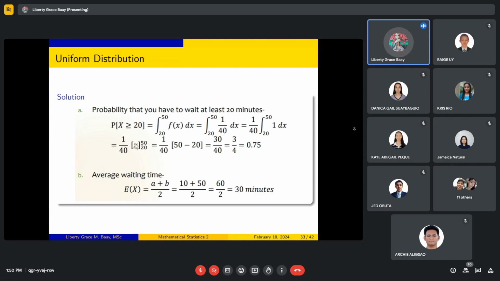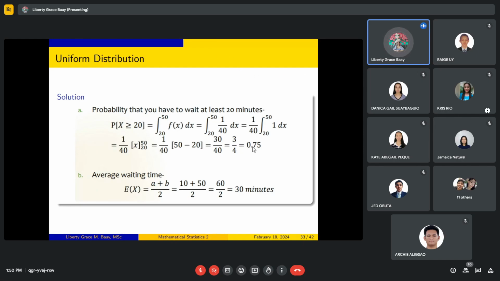So may lista din siya, di ba? 50 minus 20. Okay. So 1 over 40 times 50 minus 20 is 30. So that is equal to 30 over 40. Okay? Then, i-reduce naman na siya into lowest form. So we have 3 over 4. Okay.